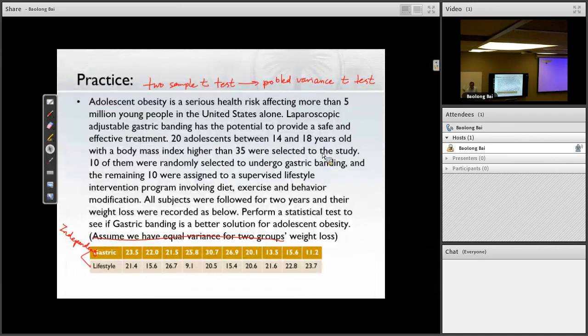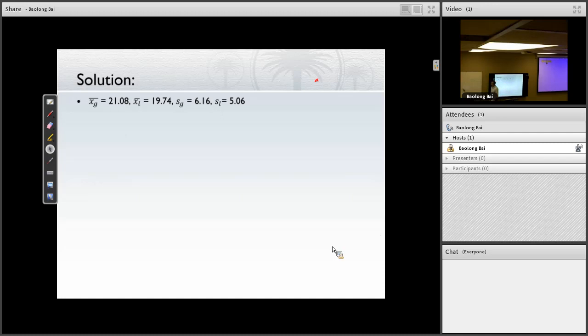So if you look at your sample, for gastric binding, you have a bunch of numbers, so you can calculate the mean and the standard deviation, right? For gastric binding, you can find the mean and standard deviation, and for the intervention program, you can find the mean and the standard deviation, right?